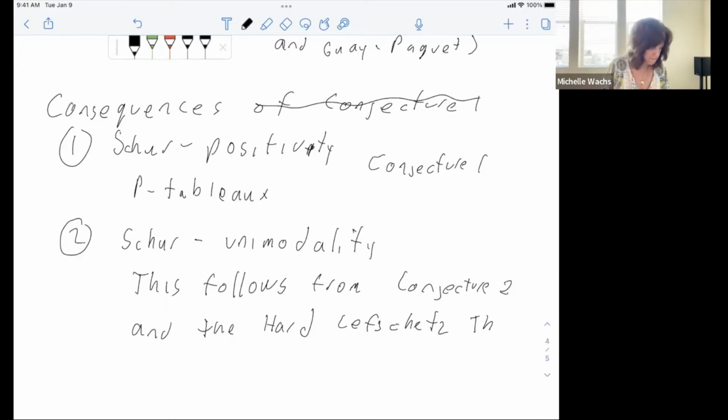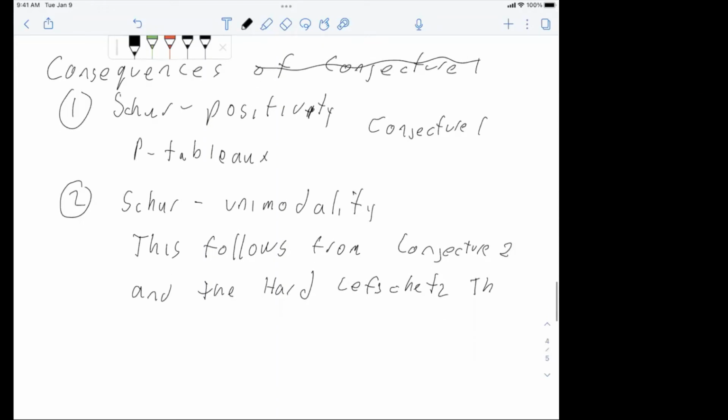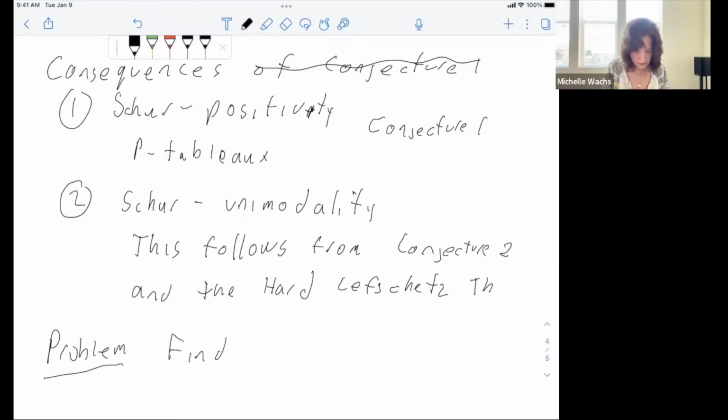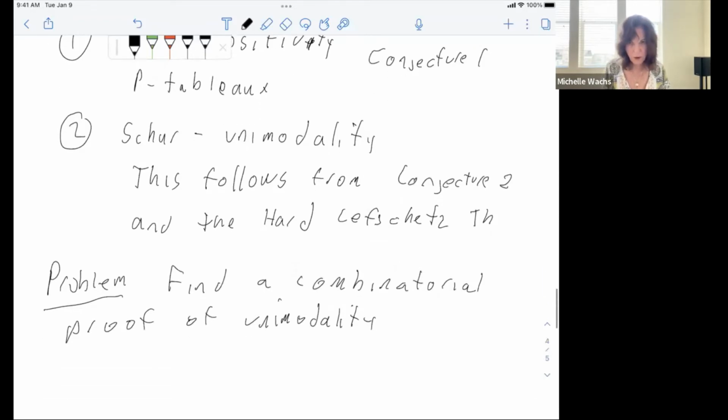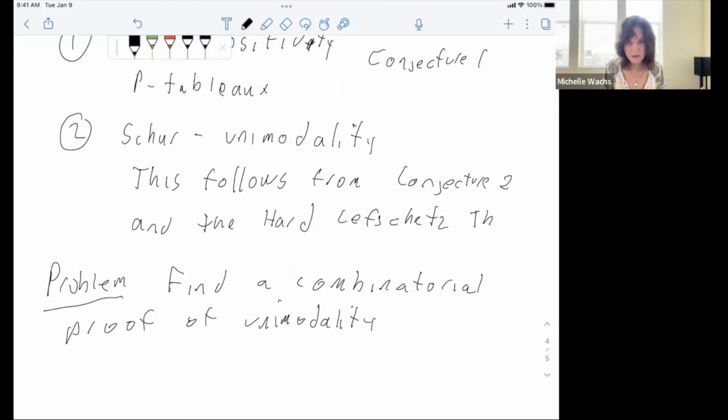Okay. So here's a problem. Find a combinatorial proof of Schur unimodality. That doesn't require me to answer Brendan's question.